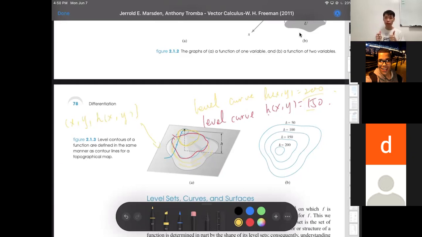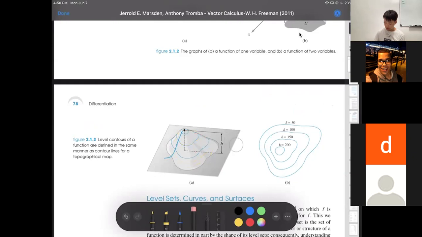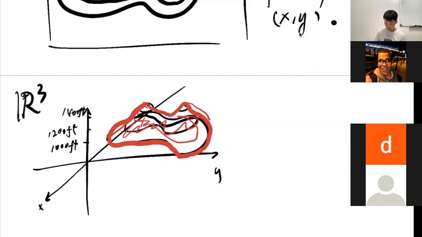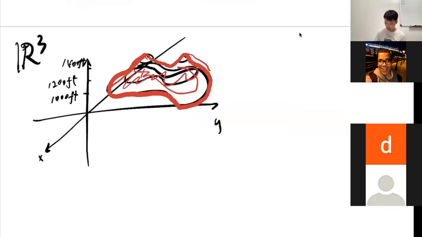So far, so good? All right. So this represents the point x, y, and h of x, y. Okay.